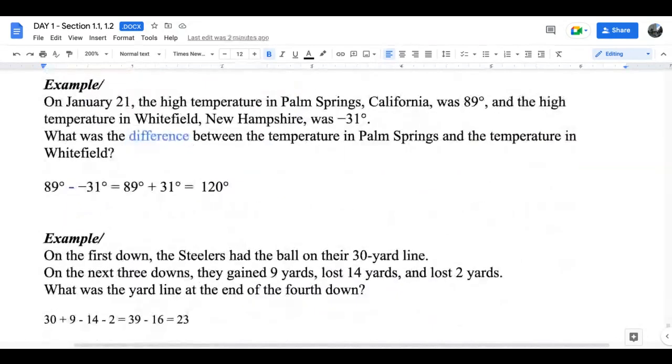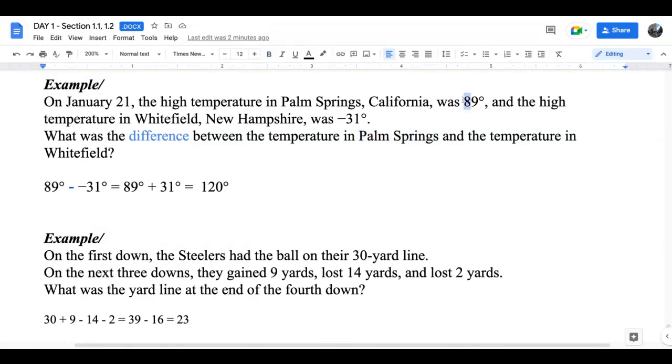Applications. On January 21, the high temperature in Palm Springs, California was 89 degrees, and the high temperature in Whitefield, New Hampshire was negative 31 degrees. What was the difference between the temperatures in Palm Springs and Whitefield?